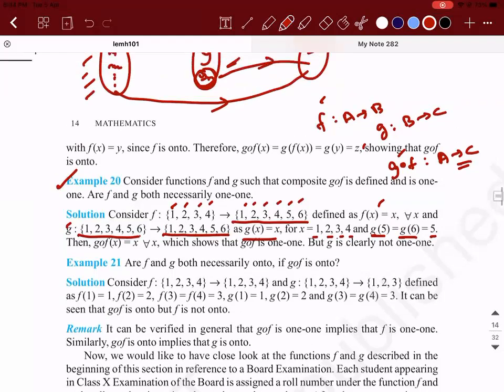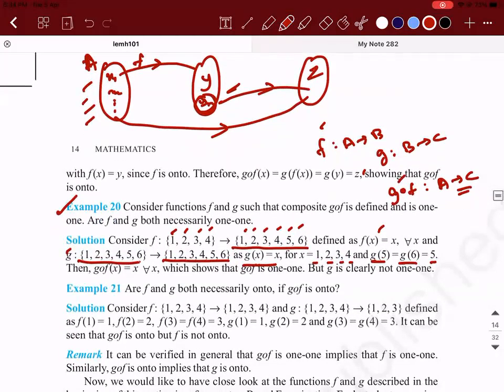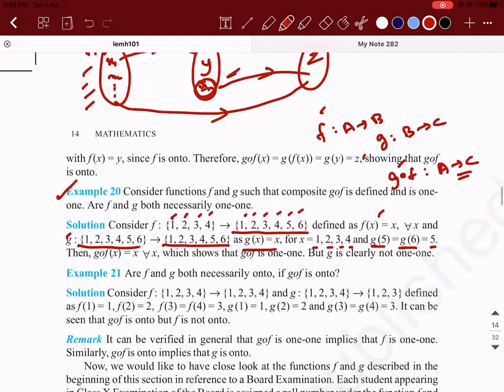Can f not be one-to-one? Yeah, that is also possible. You can define it the way you want. Since the question is g circle f here, they wanted to take g into consideration. Had the question been about f circle g, they would have concentrated on f. That is the logic.